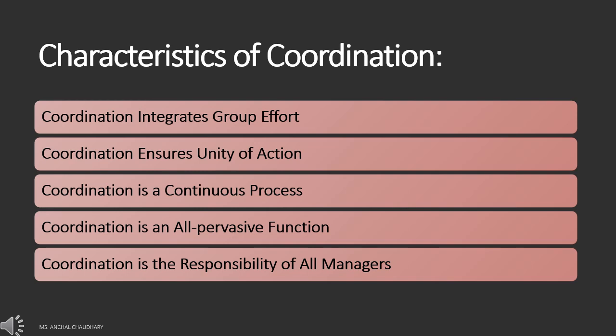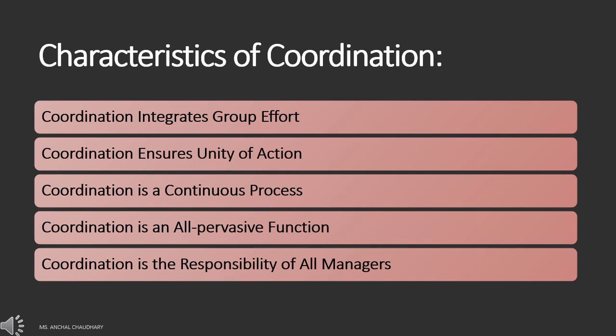Basically, it is required continuously. Otherwise, there is no use of coordinating one task only. It is not the case that you have completed a task once and will not require it again. If you want to achieve your goals, then you have to coordinate in a regular way.